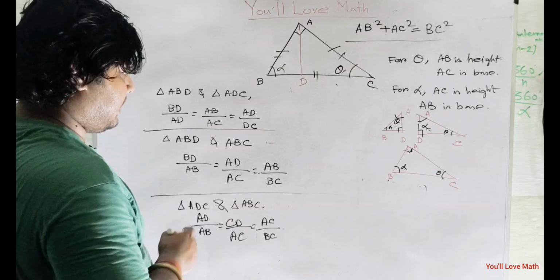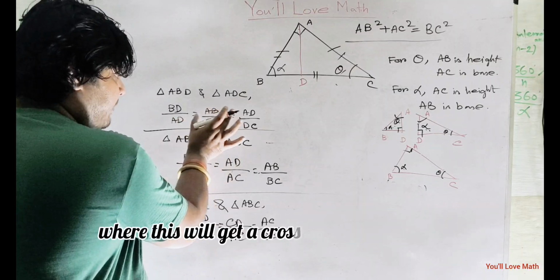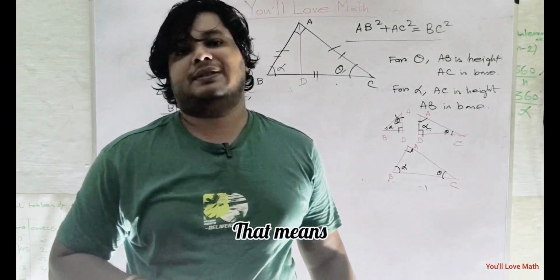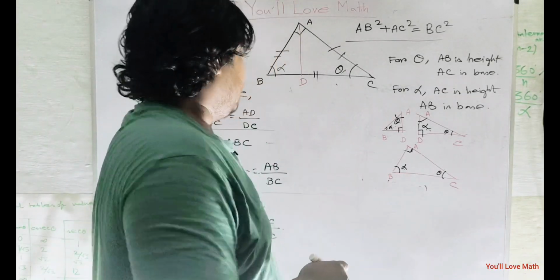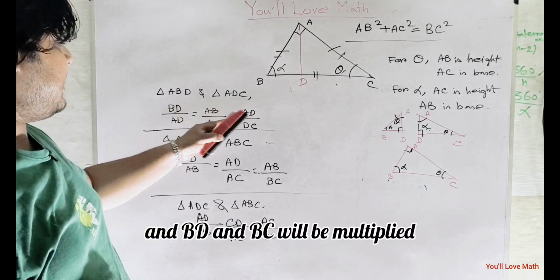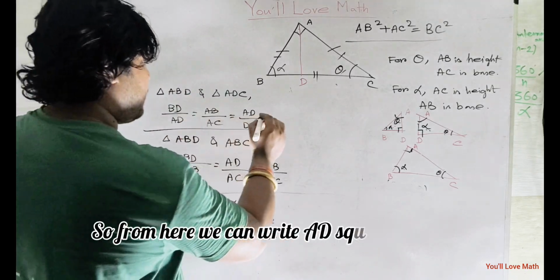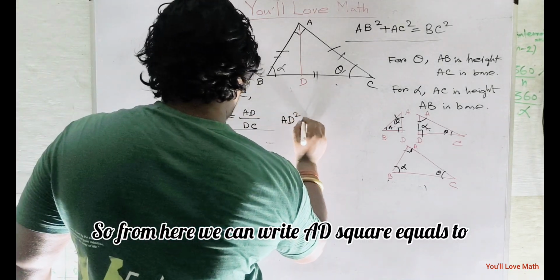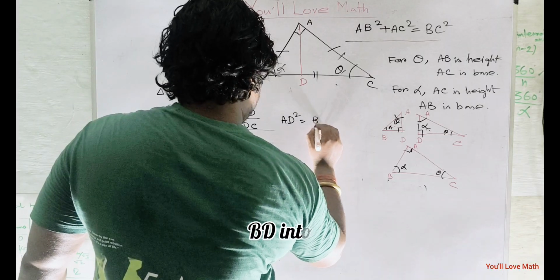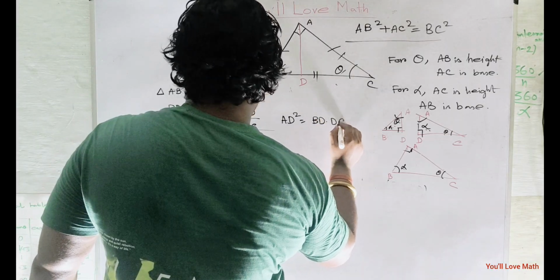So now we will take the cross multiplication form. That means AD will be multiplied, and BD and DC will be multiplied. So from here we can write AD square equals BD into DC.